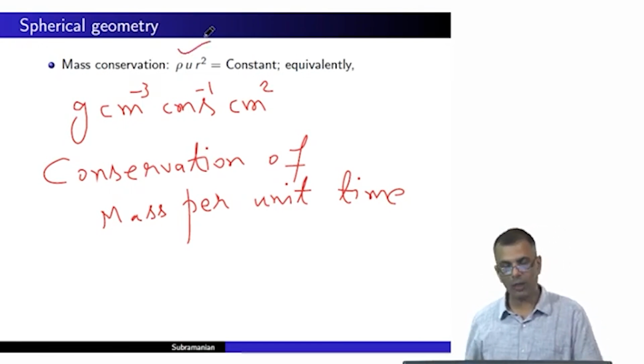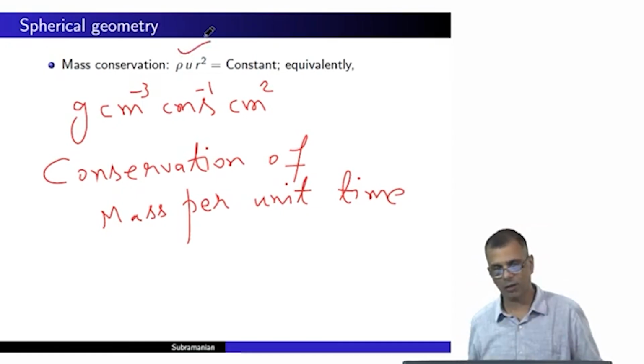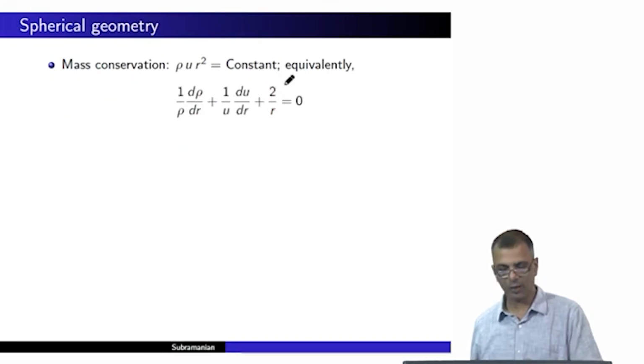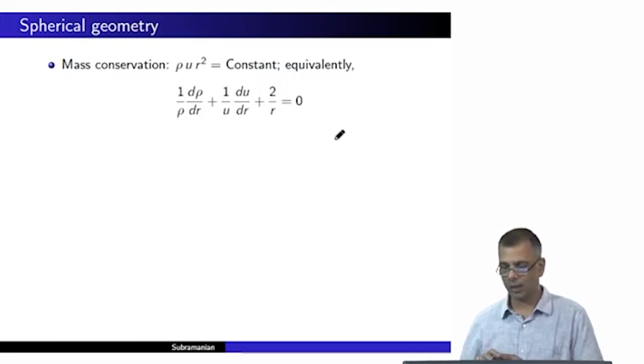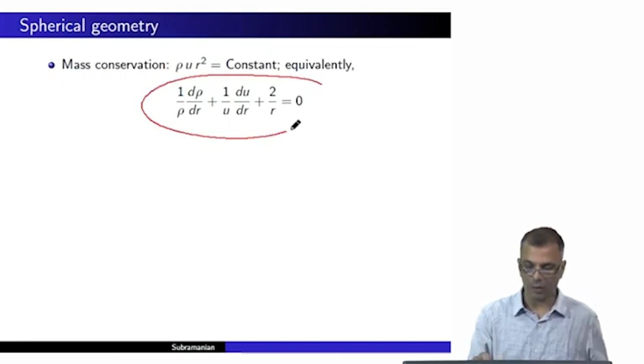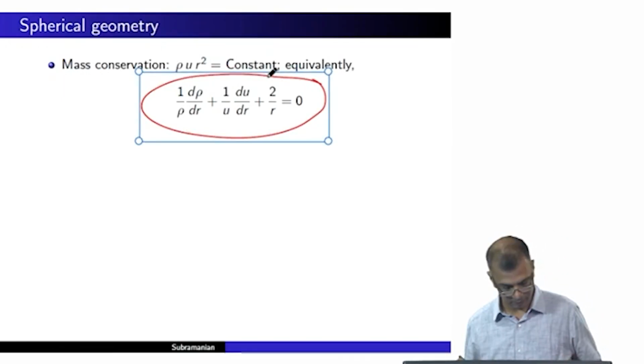Okay, but as with our discussion of the de Laval nozzle, this integral statement is not as useful to us as the differential statement. Okay, so this and this are essentially equivalent.